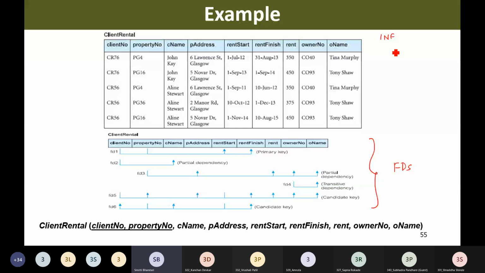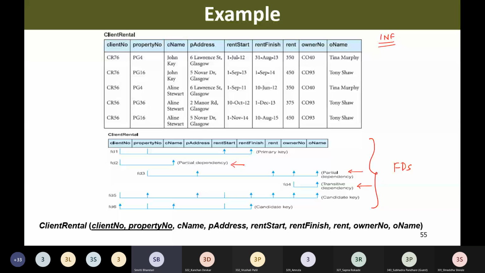Okay, so this table is in 1NF, and for this table we have identified a few functional dependencies. If we look at those dependencies, we may find that a few of them are partial dependencies. A few of them are transitive dependencies, right? So as I stated, 1NF is the basic normal form that we should have.